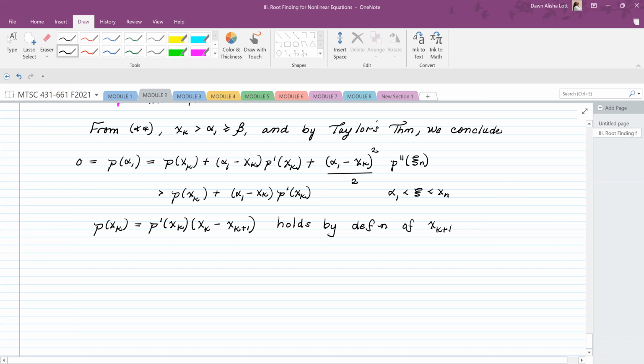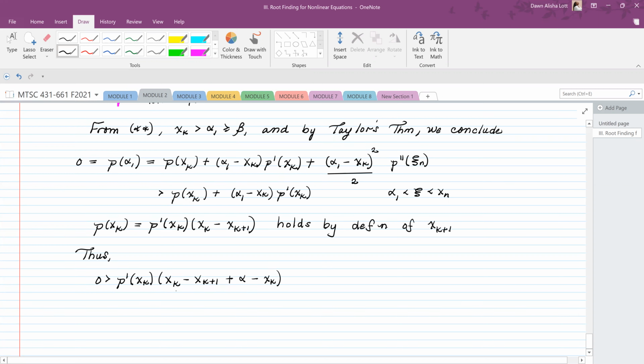Okay. Thus, we get 0 is greater than P prime of x_k times x_k minus x_{k+1}, plus alpha 1 minus x_k.